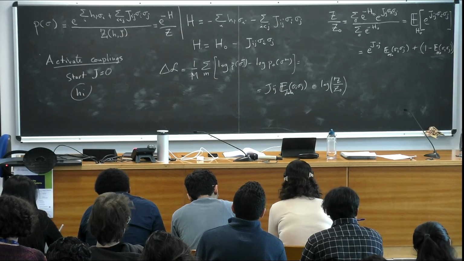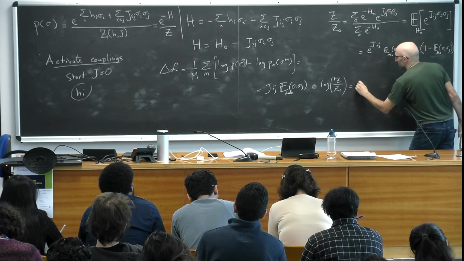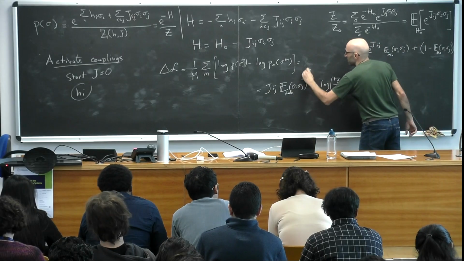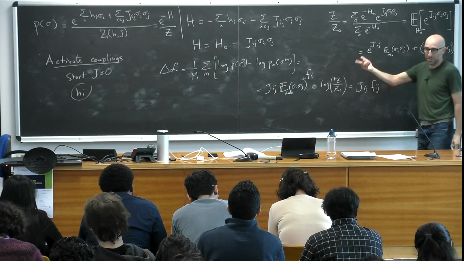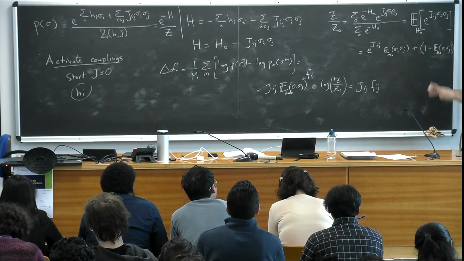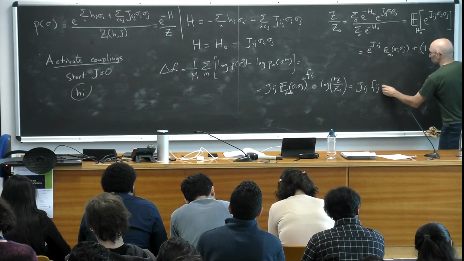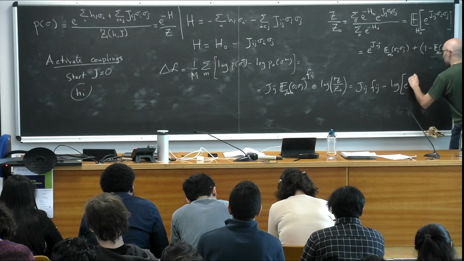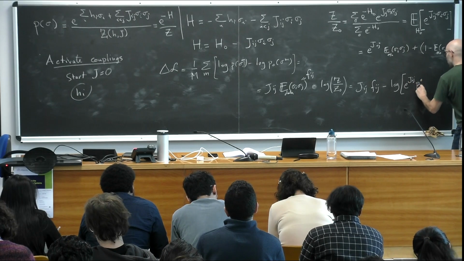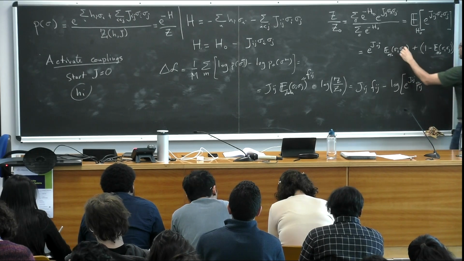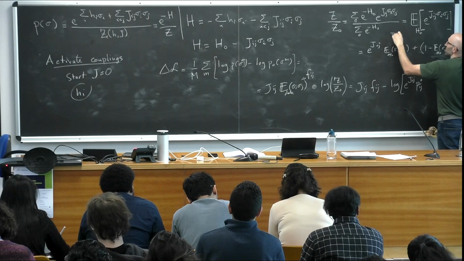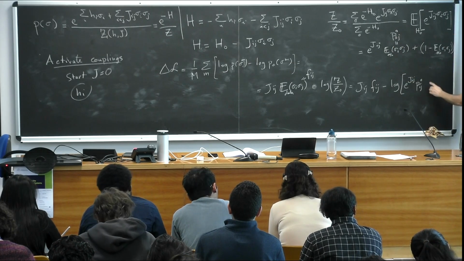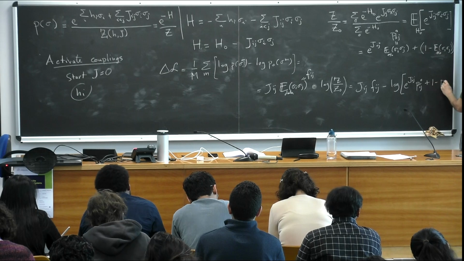Okay? So this thing in the end is given by j_ij f_ij, where f_ij is the frequency of sigma_i sigma_j being both 1 in the data, minus the log of e to the j_ij P0_ij, where P0_ij is the probability in the model of sigma_i sigma_j being both active, plus 1 minus P0_ij.